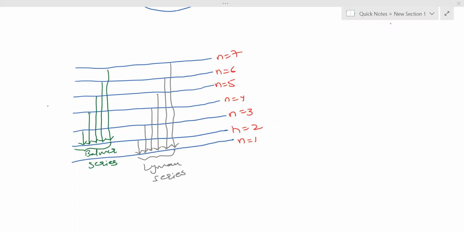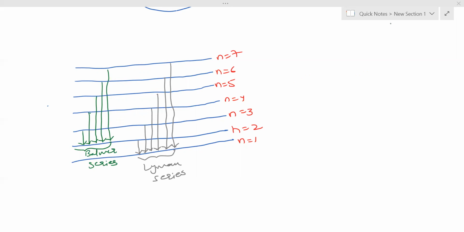And see here, for the Balmer series we are not mentioning the transition between n equal to 1 and n equal to 2, because the transition to n equal to 1 belongs to the Lyman series. That means this is an emission one.